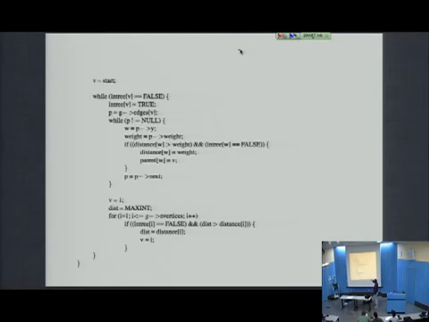If the weight of this edge from v to w is less than the cheapest way we know of to link w into the tree, and w is not in the tree, then we have found a new, cheaper way of linking w into the tree. And so the distance to w, the cost of linking w in potentially, is weight, and the way to do it is through v. Any questions about that? So this first clump is updating the consequences by going through all outgoing edges of the newly added vertex v.